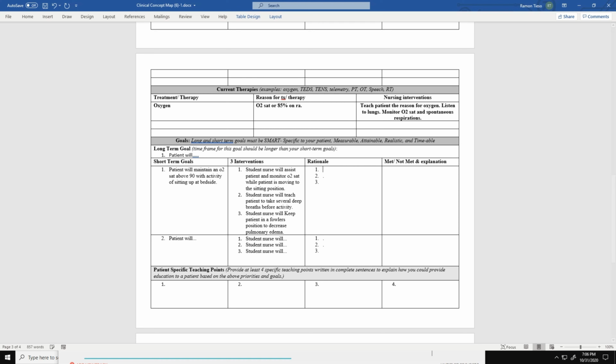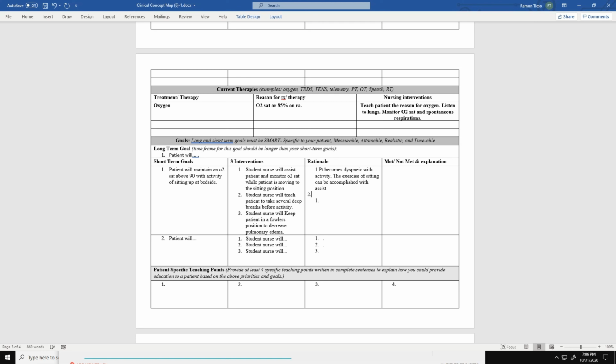Okay, so you want to say here, patient becomes less short of breath with activity, the exercise of sitting can be accomplished with assist.